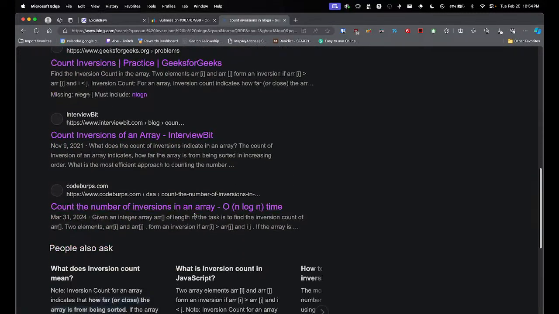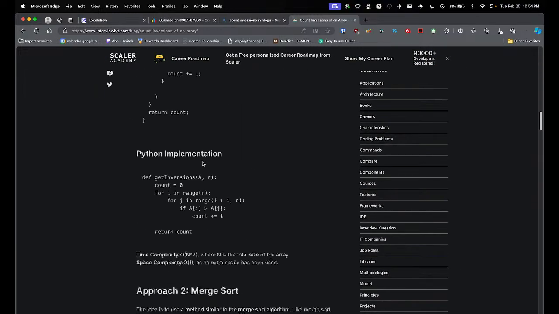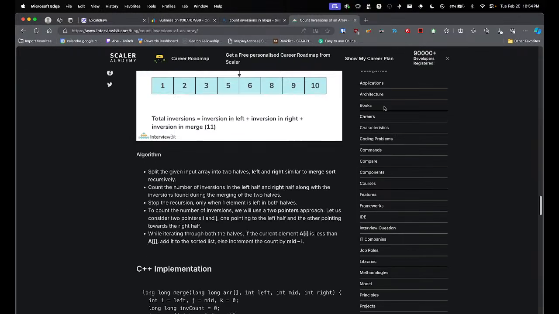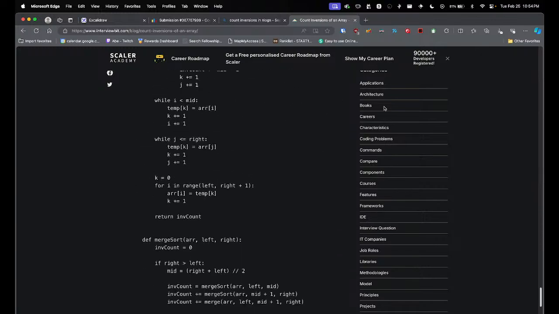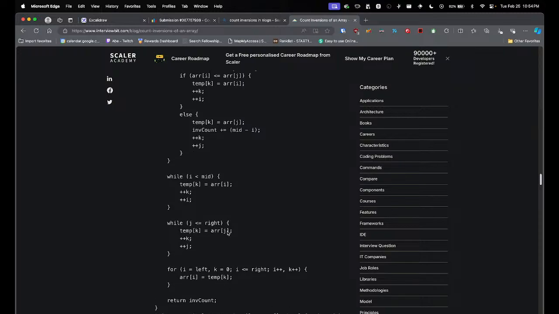Where is it? Brute force. You can do it with merge sort also.